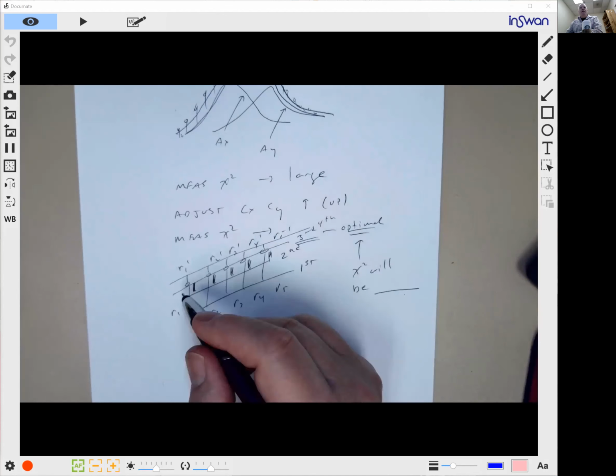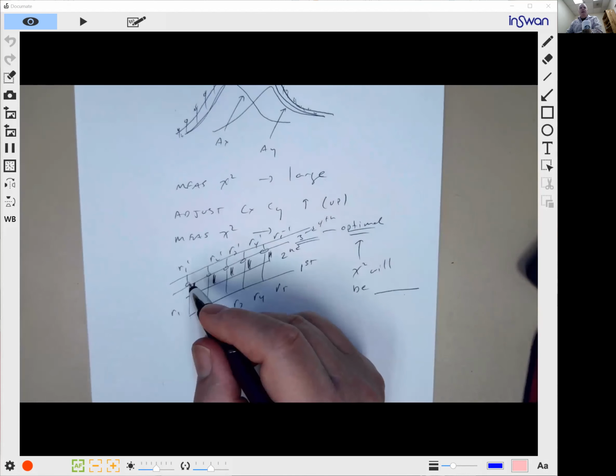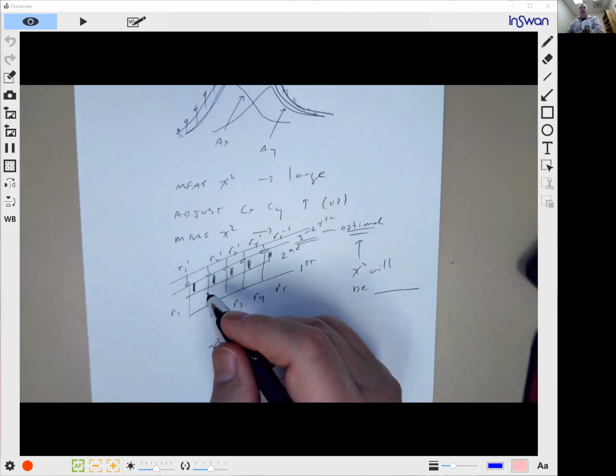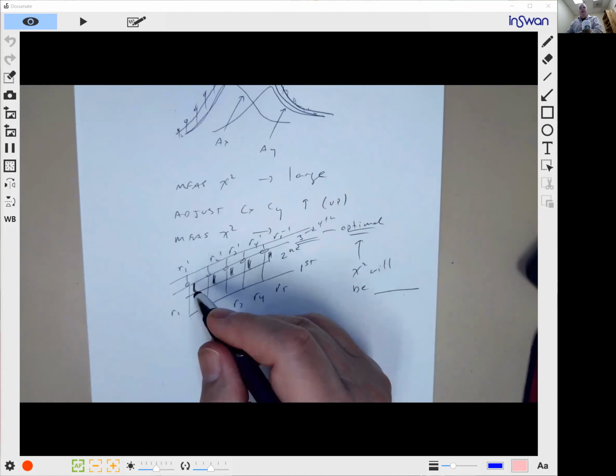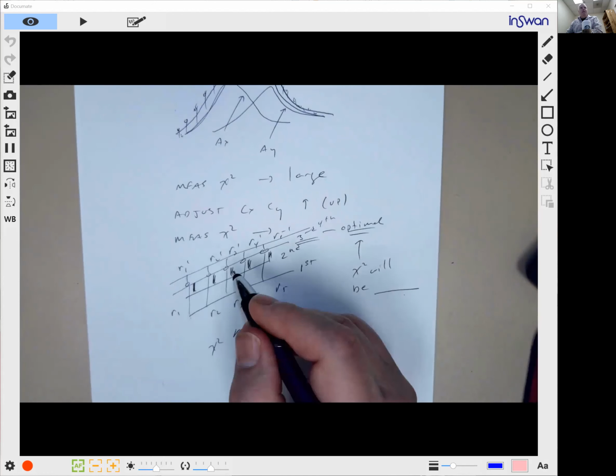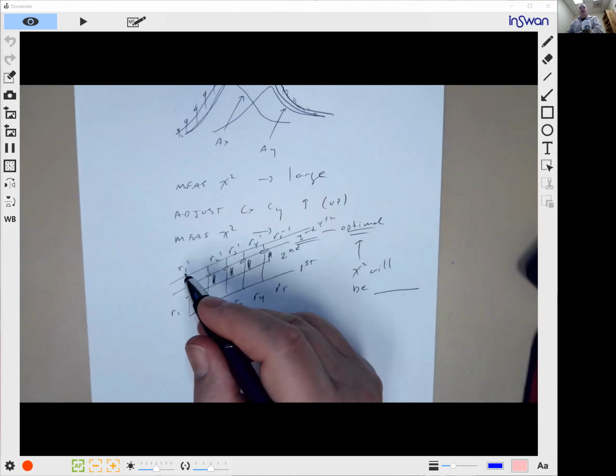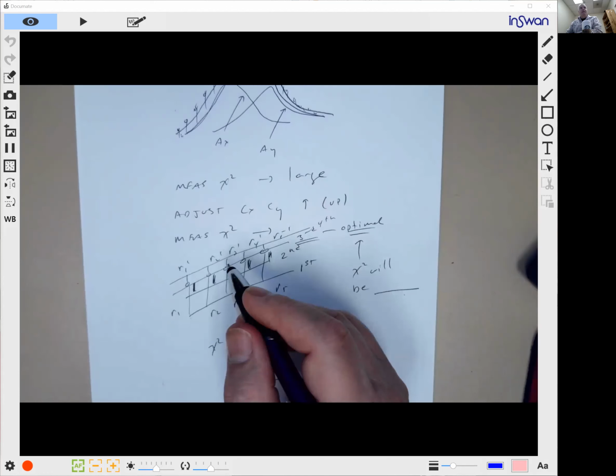The chi-squared is the sum of the squares of the distances. There's chi1, chi2, chi3, etc. Then there's chi1, chi2, chi3 for the second guess, and chi1, chi2, chi3 for the third guess. I'm sorry, the fourth guess, right?